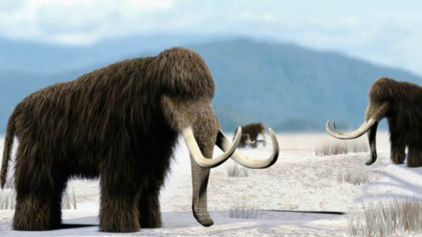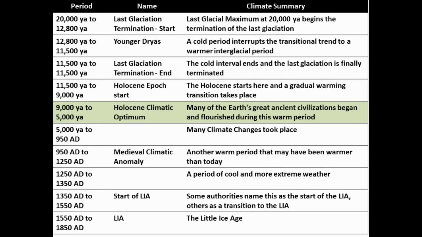After the demise of the woolly mammoths, the transition to a warmer climate continued, in different parts of the world and at different rates, until we arrive at 9,000 years ago. The time between 9,000 years ago and 5,000 years ago is known as the Holocene climatic optimum, or as the Holocene maximum, or as the Holocene optimum, or several other names, depending on which authority you are reading.